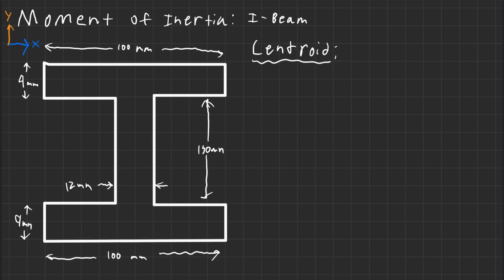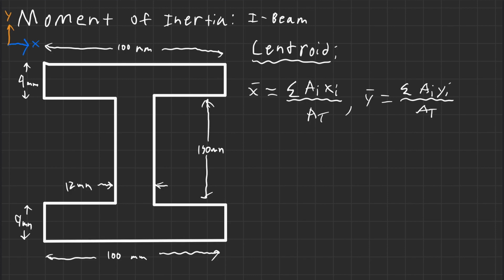And the formulas we need for this are the x position, so what these formulas are basically saying is we want to sum up all the individual areas and how far they are from a certain point.